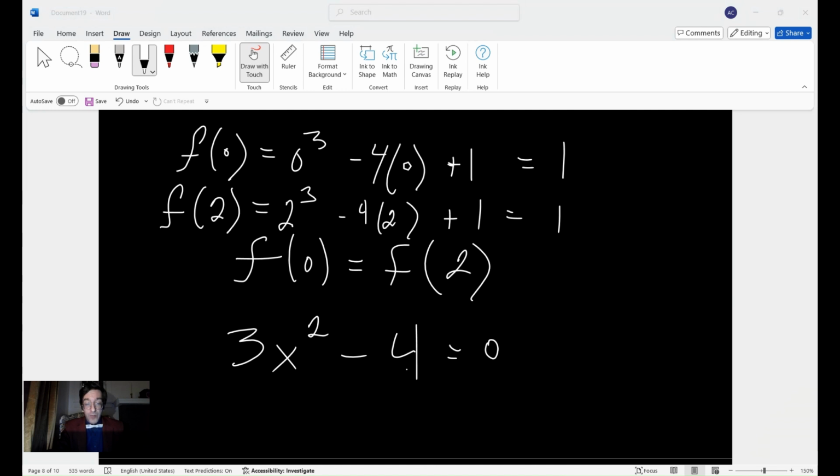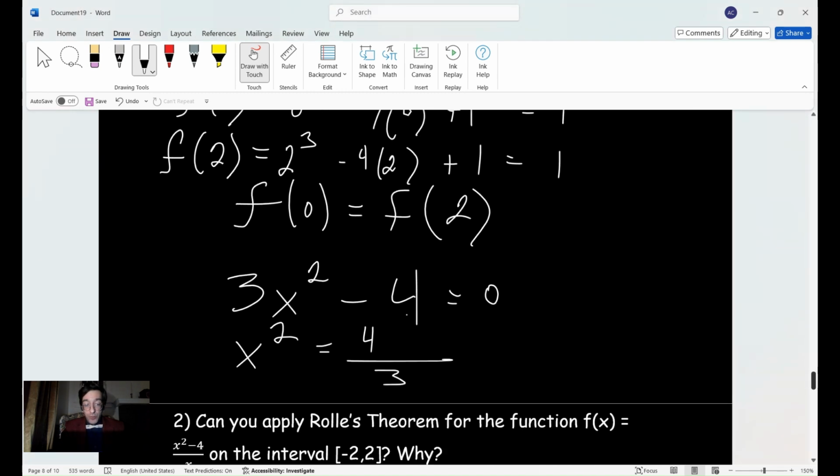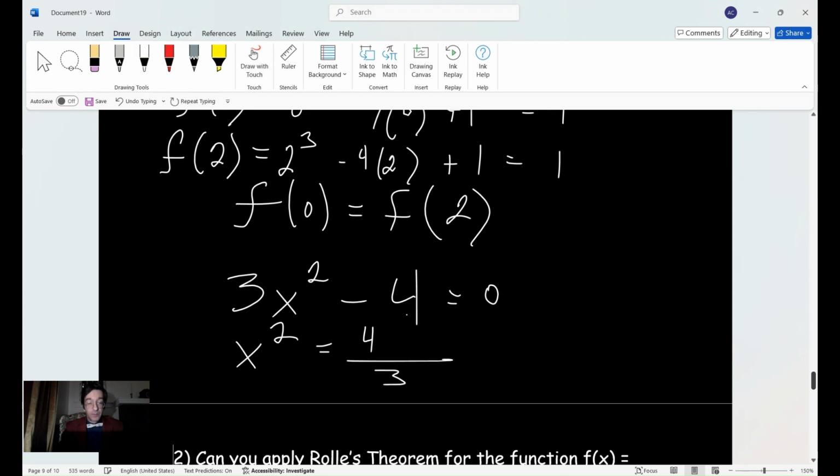So if we divide by 3, we're going to have x squared equals 4/3. Right? And then we take the square root, of course, because if you square something, remember from algebra, you have to do the inverse operation.